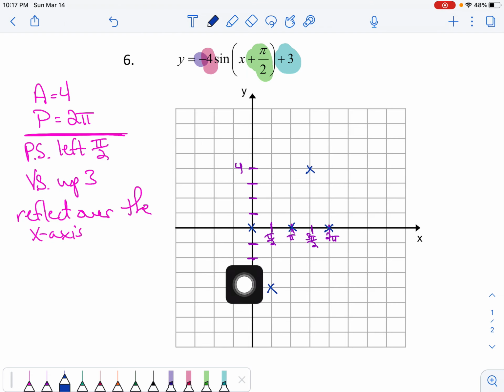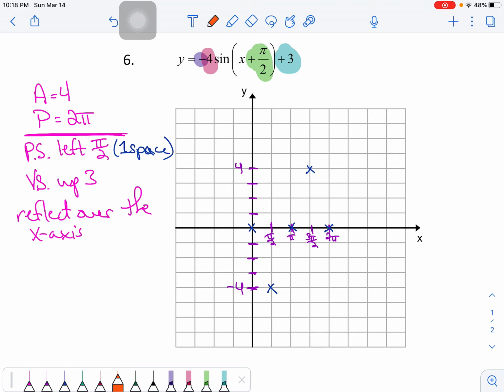Okay. So each one of these points, I need to vertically shift up 3 and to the left pi over 2. Now, pi over 2 on the x-axis is just one space. So every point is going to move left 1, up 3.